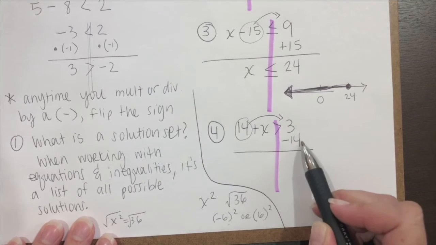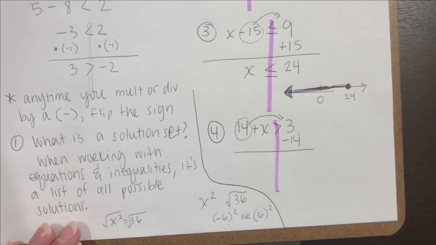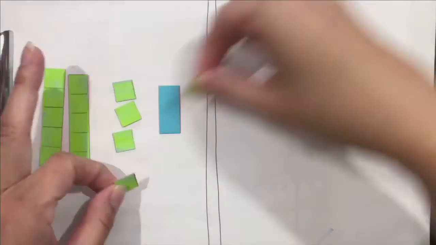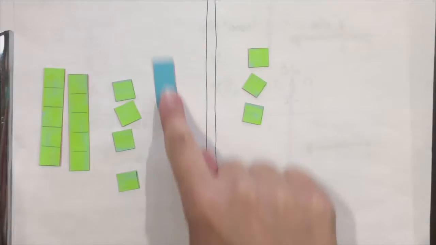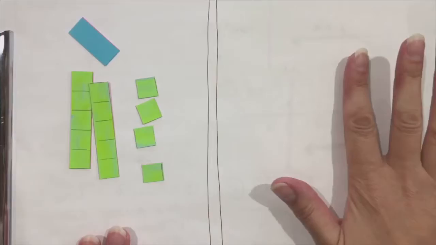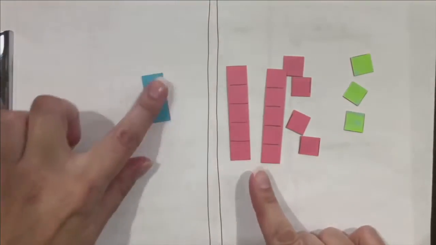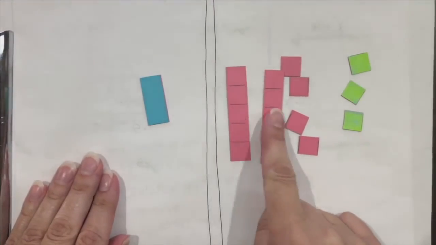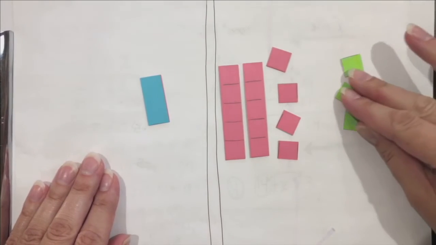So 3 minus 14, or if we have negative 14, and we're going to take 3 from that and cancel it out with those 3. Here, let me show you. All right, 14 plus x is equal to 3, or x plus 14 equals 3. So let's flip. Now I have x and 14 negatives and 3 positives.